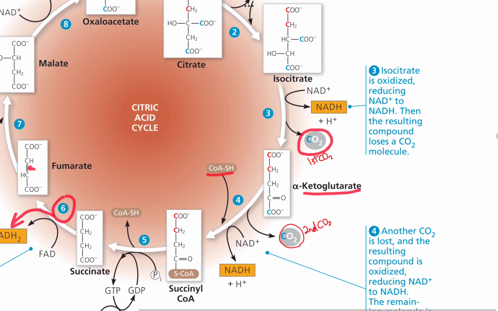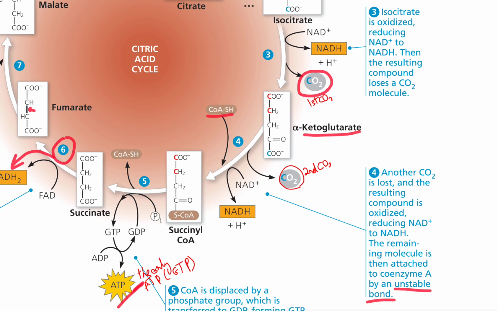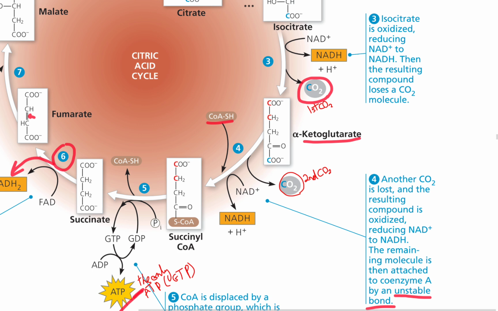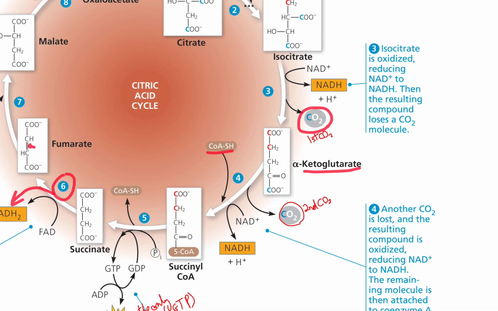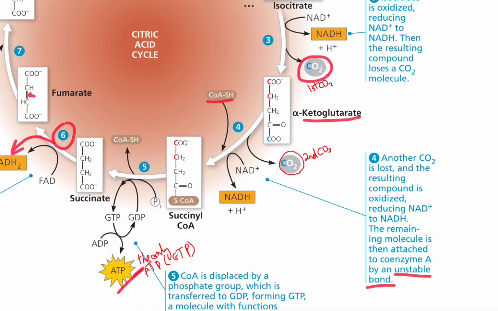The fourth step, the substrate from isocitrate will become ketoglutarate. The same thing happened. CO2, NAD reduced, H plus.